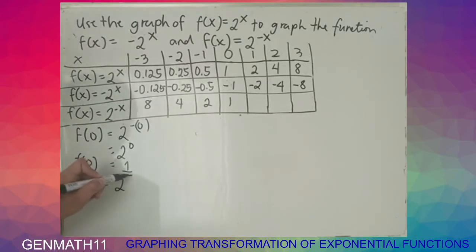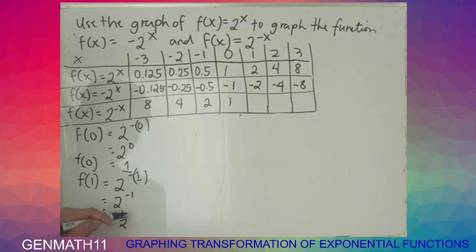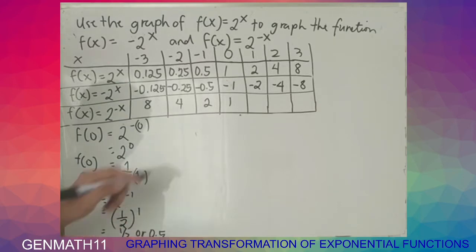Next, 1. 2 raised to negative 1, which becomes a fraction, 1 half raised to 1. 1 half raised to 1 is 1 half, or 0.5.